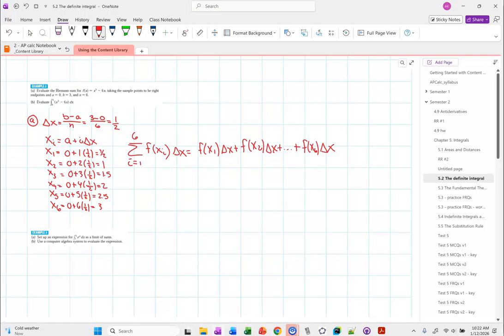Does everybody feel okay there? Now we're told f of x is x cubed minus 6x, and I know x1 is 1/2. And I know delta x is 1/2. And then I just kind of keep on going.